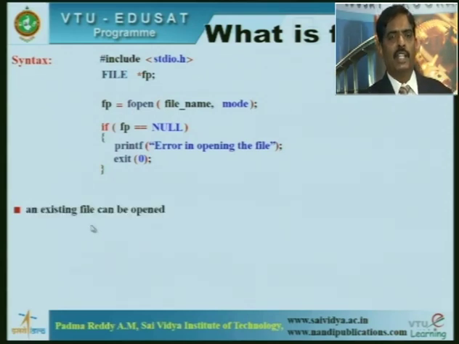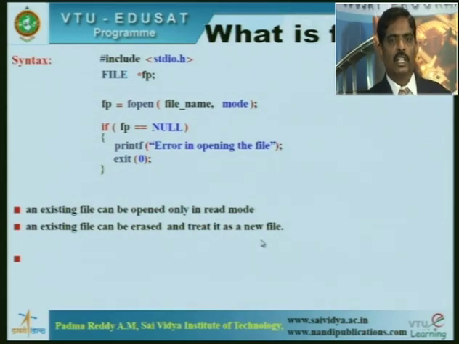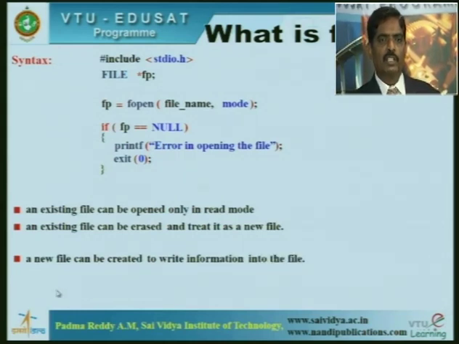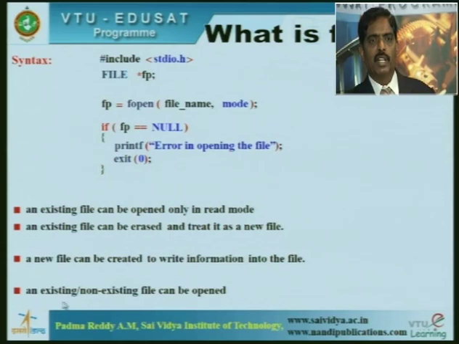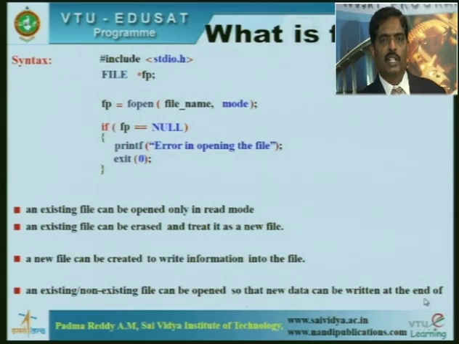Now, an existing file can be opened only in read mode. Point number 2 is that an existing file can be erased and we can treat it as a new file. A new file can be created to write information into the file. Another point is that an existing or non-existing file can be opened so that new data can be written at the end of the file.